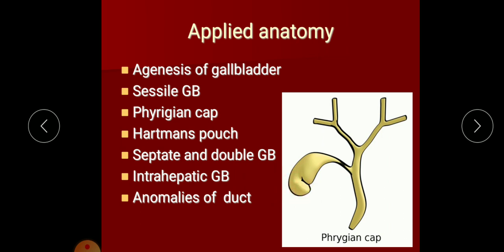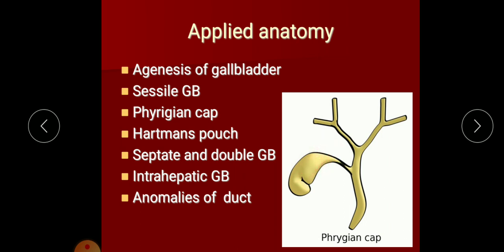That is what is termed the phrygian cap. Then Hartmann's pouch. This is the neck of the gallbladder. In the neck you find a small extension or pouch termed Hartmann's pouch, and it is a very common site where gallstones could get dislodged or be present. In certain cases, the gallbladder could be septate, or a double gallbladder could be there.